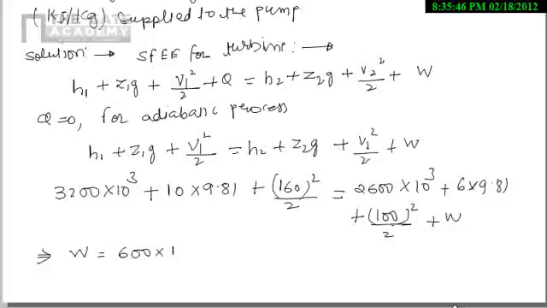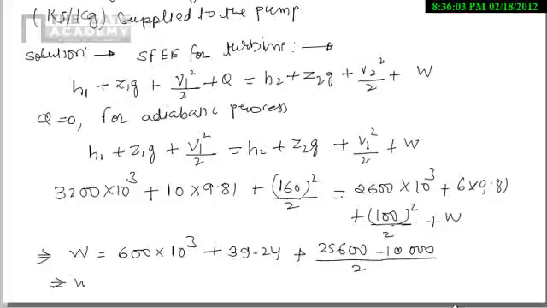So now we can easily calculate W equals 600 into 10 to the power 3 plus 39.24 plus 25600 minus 10000 divided by 2. If we calculate all these things, we will get 607,839.24 into 20 joule per second.